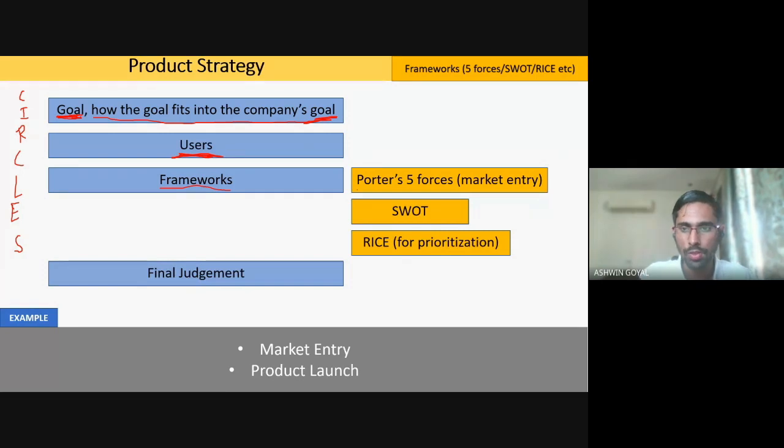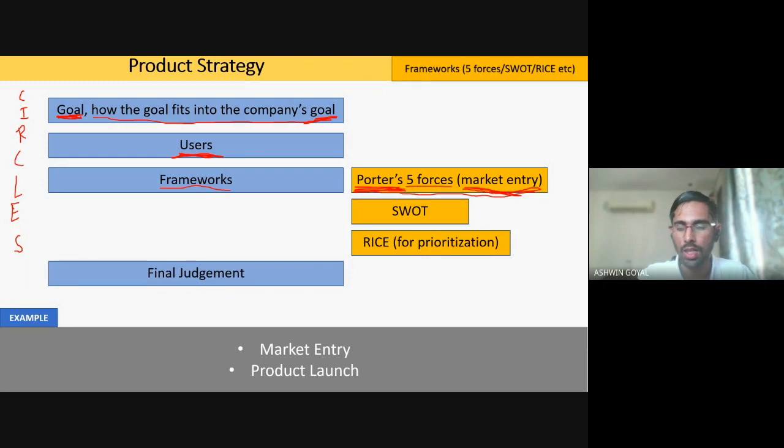So Porter's five forces is for market entry. You can look this up on the internet. We had covered this in one of the consulting courses that we did last year, or you can easily find it on the internet. Porter was a Harvard Business School professor, and whenever a company wants to enter a new market, they usually use this framework.